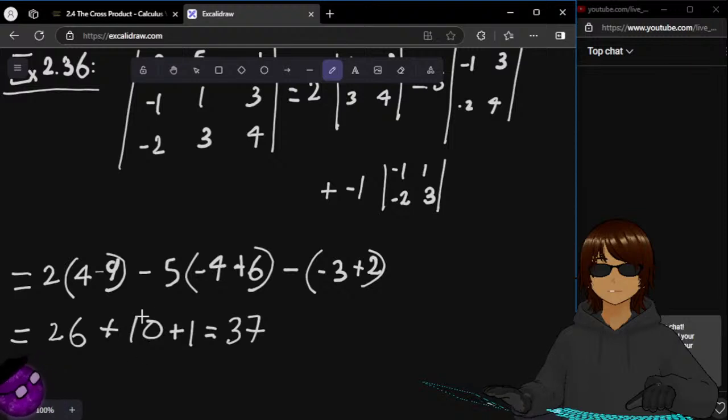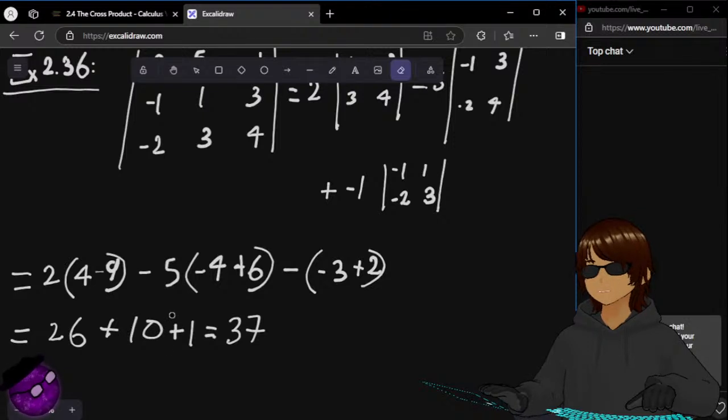Oh, even this is wrong. And then in the previous calculation, this 10 was wrong. It was supposed to be 50, I think. Plus 10, this is supposed to be 10.